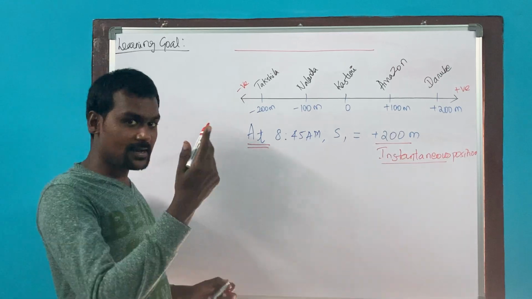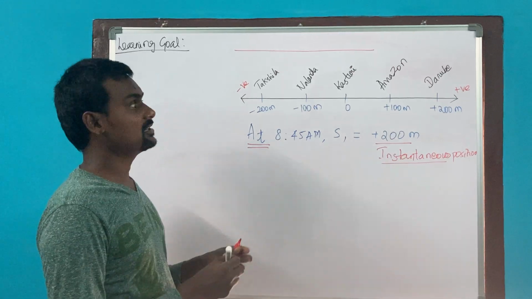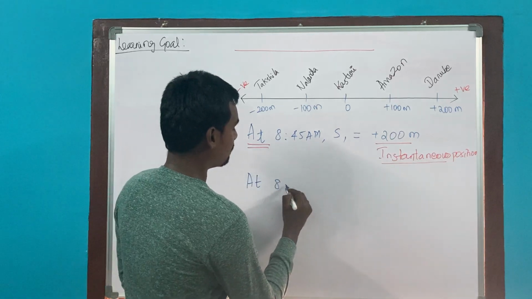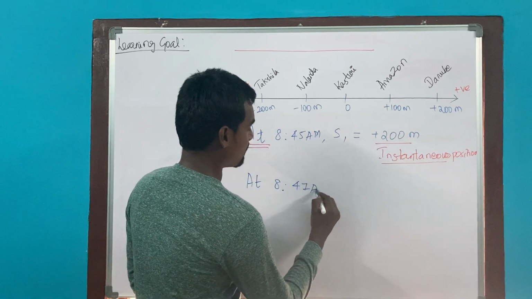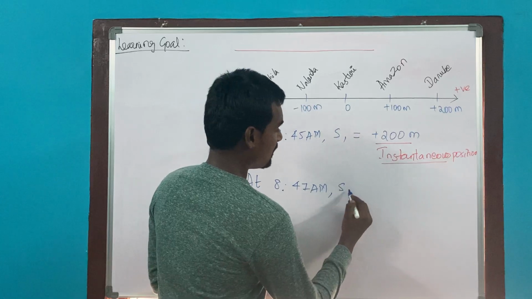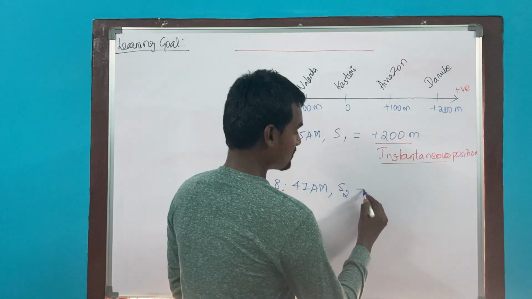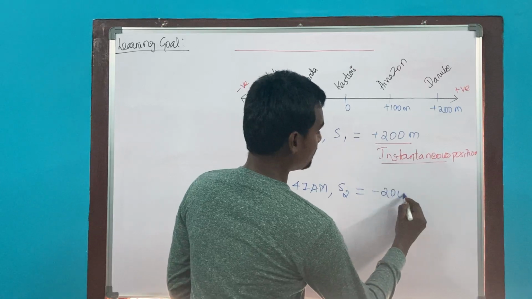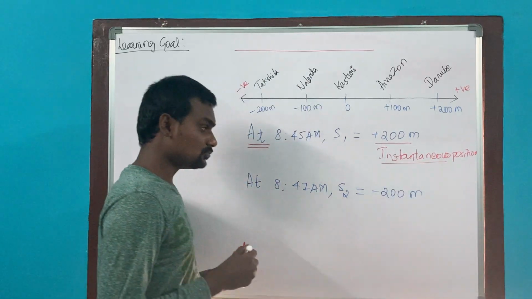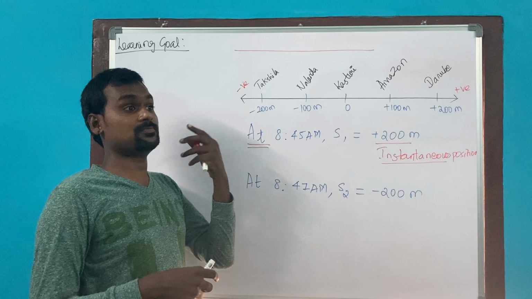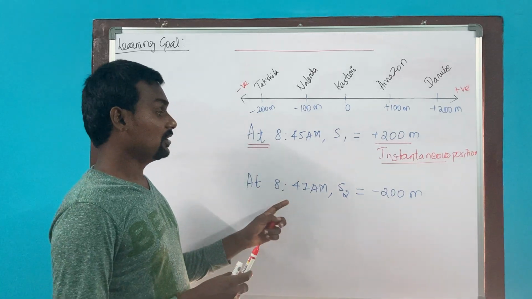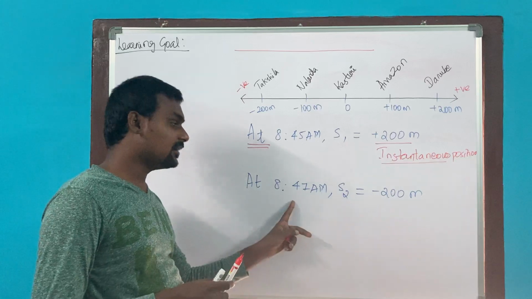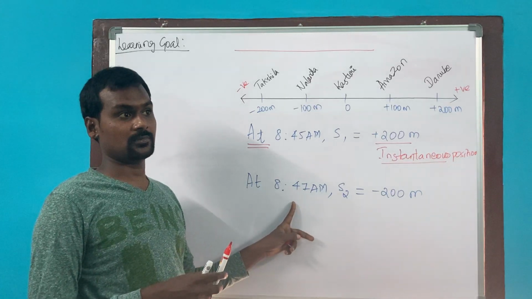Now, let's imagine that she reaches the Takshila at 8:47 a.m. So which means S2, which is her final position, is going to be minus 200 meter. So to just explain what I just did, this is also called as the instantaneous position at 8:47 a.m.